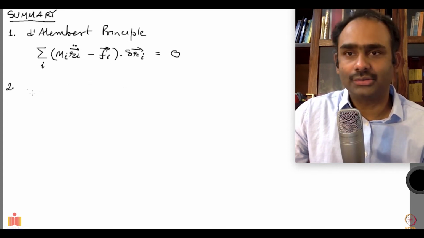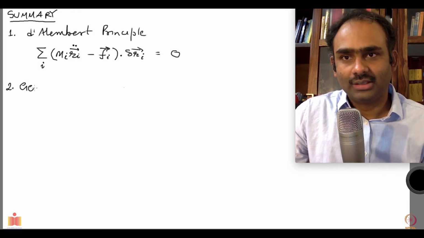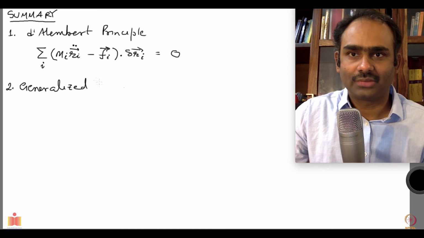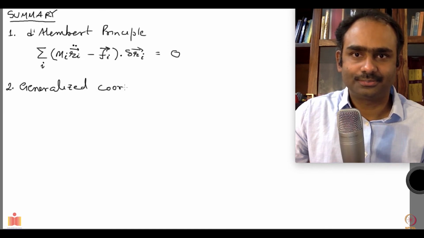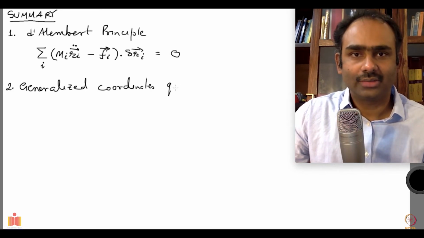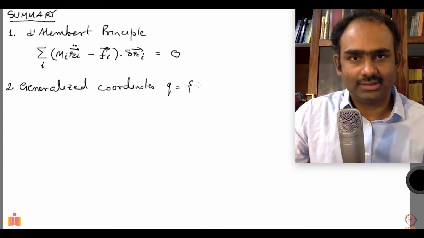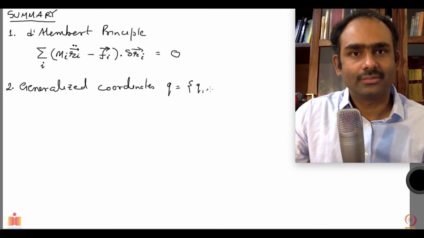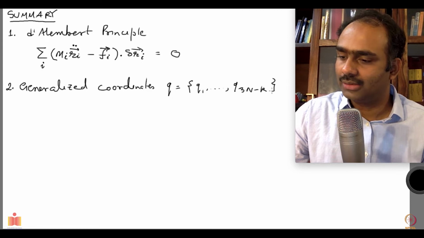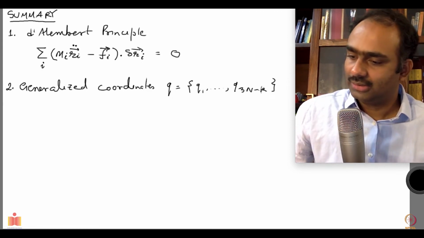So I introduced generalized coordinates q alpha, so the set is q_1 to q_(3N minus k). Okay, that's good.